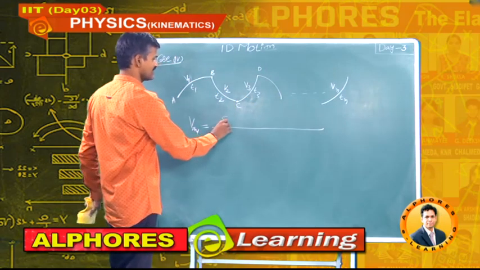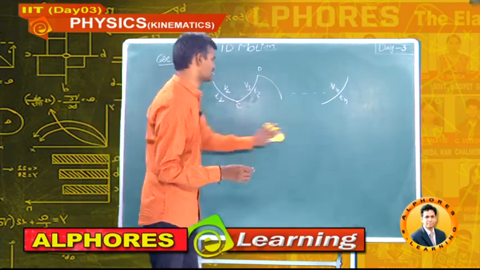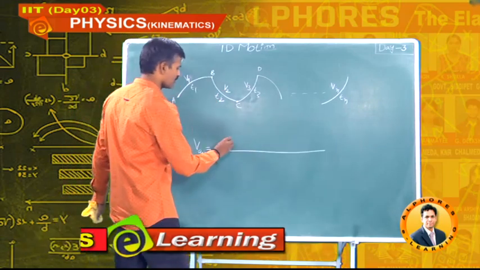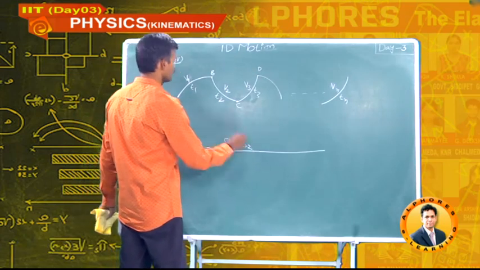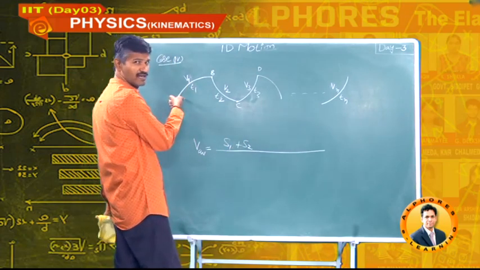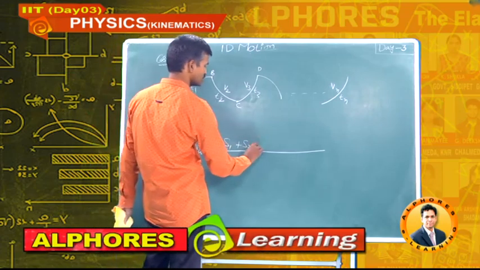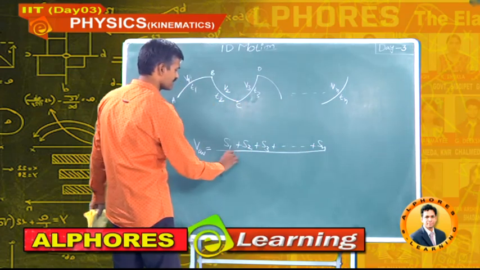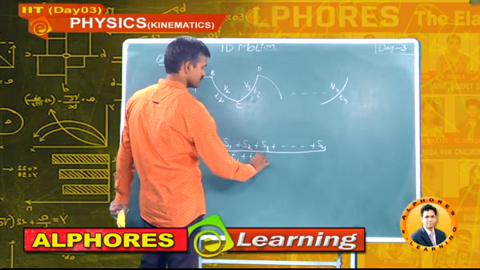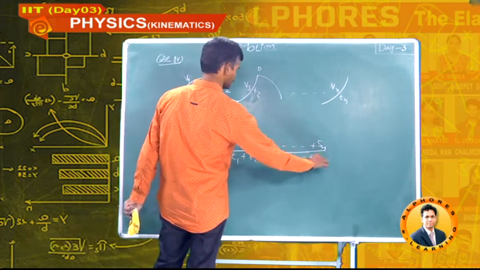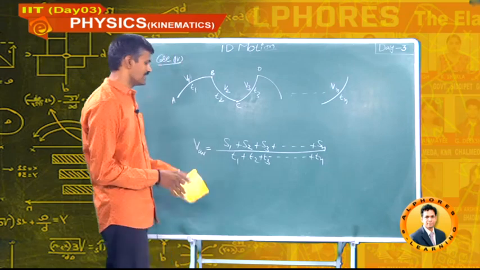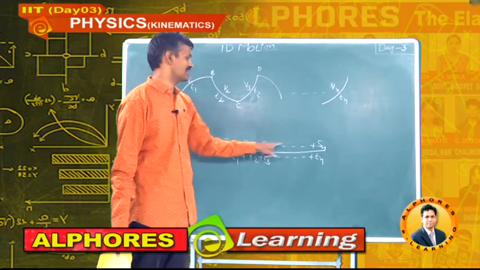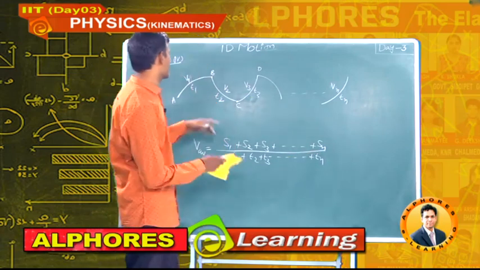Total distance is S1 plus S2 plus S3 and so on plus Sn. Corresponding time taken is T1 plus T2 plus and so on plus Tn. Here T1, T2, T3 are given in the case, but S1, S2, S3 and so on Sn are not given, so they are calculated.